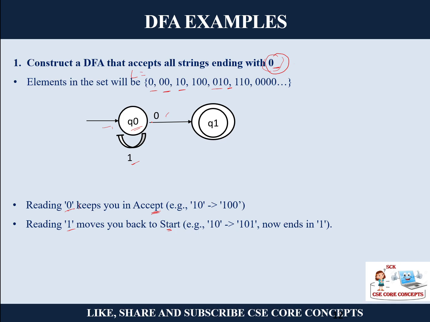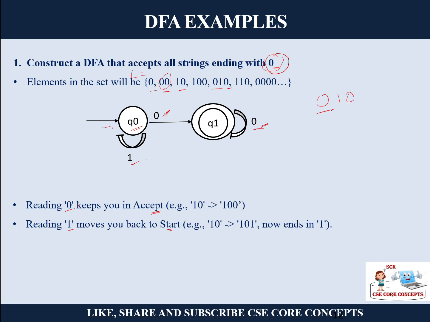Now, what about zeros and ones after this Q1? If I have 0, I will remain in the accept state. Here we have seen 0, and 0 is accepted. This is the first 0, this is the second 0. It is accepted. Let's say my string is 010.